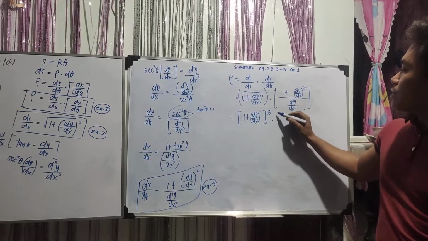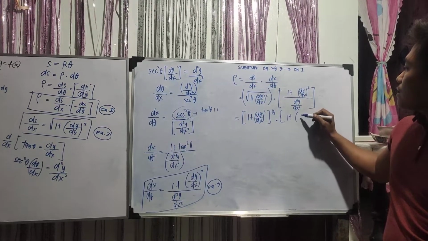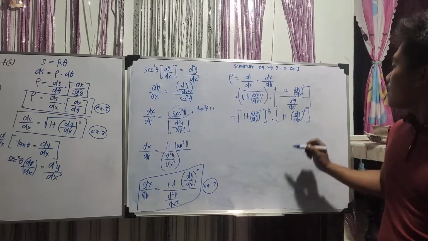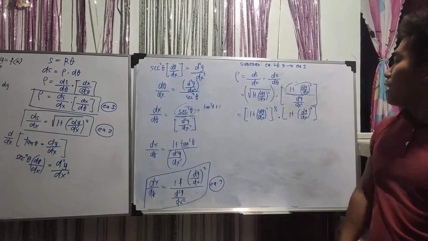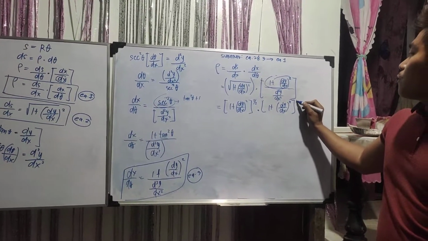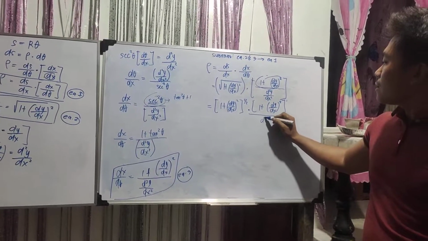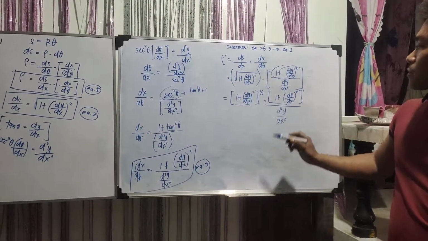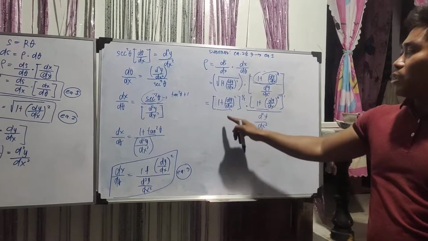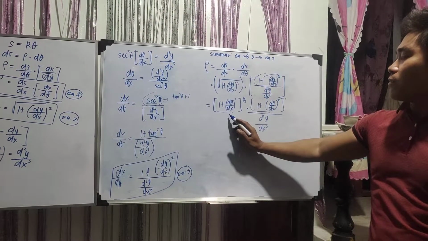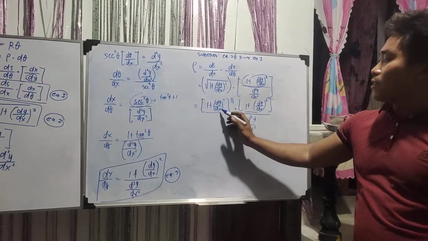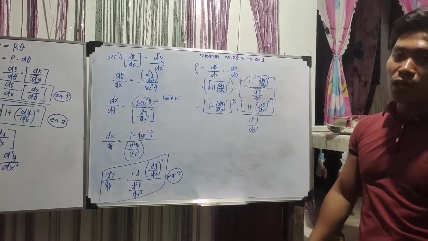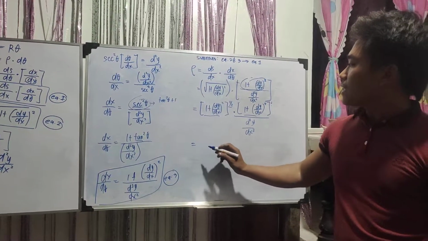Times this one, 1 plus dy over dx squared. Of course, this numerator has an exponent of 1, divided by d squared y over dx squared. So, same base, what will happen to the exponent? If you're multiplying exponential functions having the same base, you just need to add up their exponents. So 1 half plus 1, that is 1 and 1 half, or simply 3 halves.